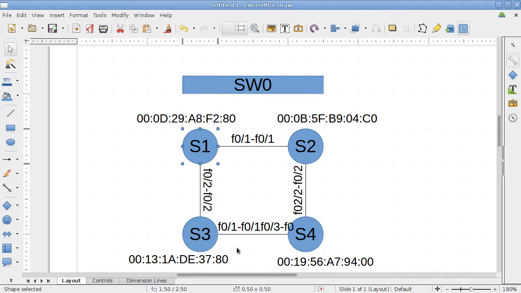Because anything on this segment would have a cost of... Oh, actually it's coming in from FO2 here, isn't it? So it would probably depend on this cost here and not the cost between the two. So let's lower this cost instead of those costs, perhaps. Because as far as this switch is concerned, 18 is the shorter cost.